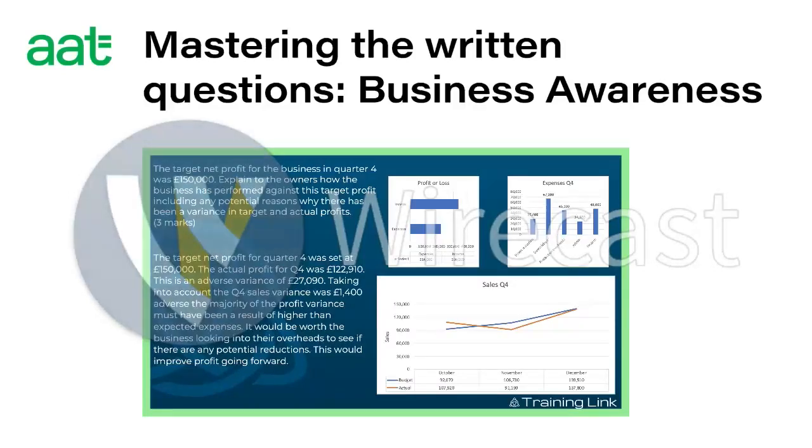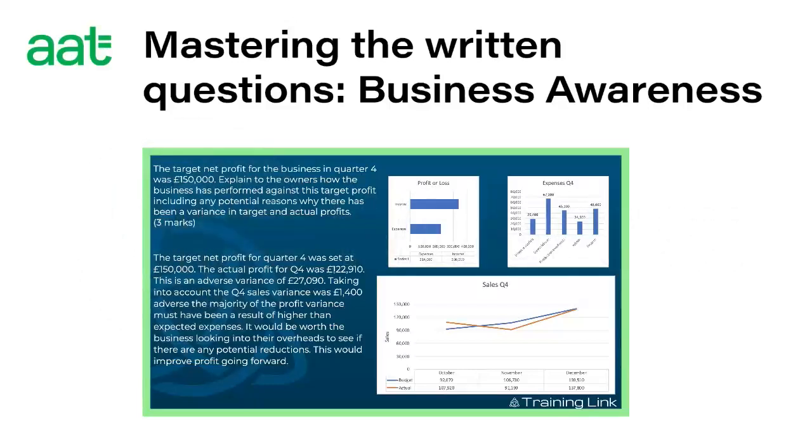So the target net profit was set at 150,000. The actual profit was 122,910. This is an adverse variance of £27,090. Now, this is where it gets a little bit more complex, but again, it's just using the information that we've been provided.